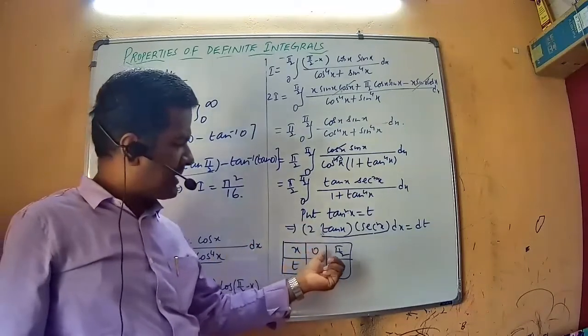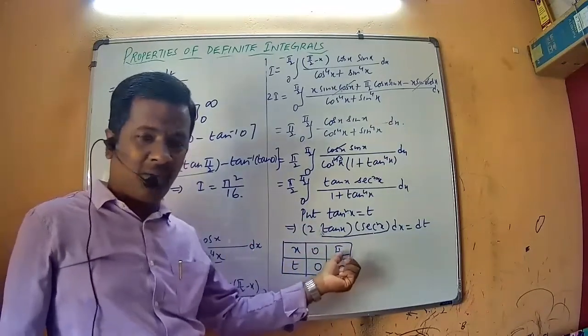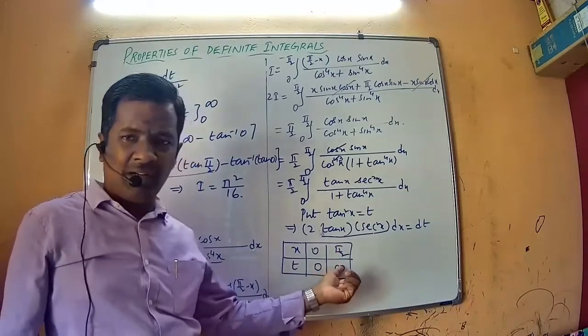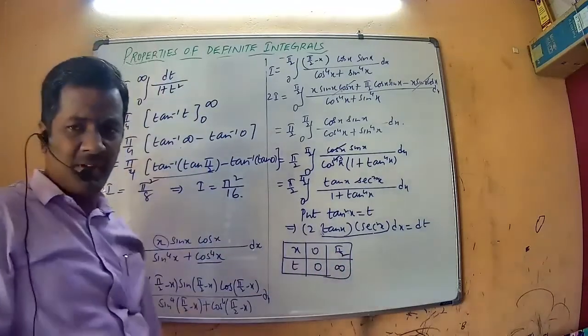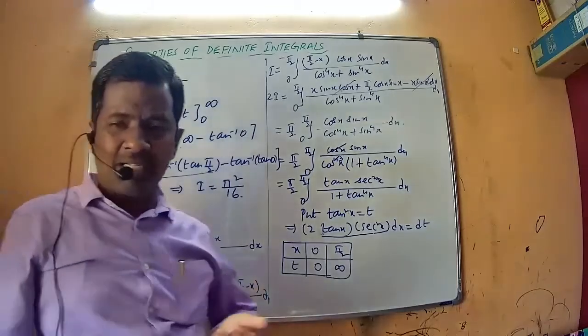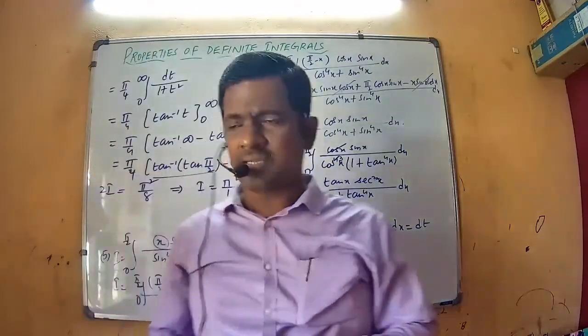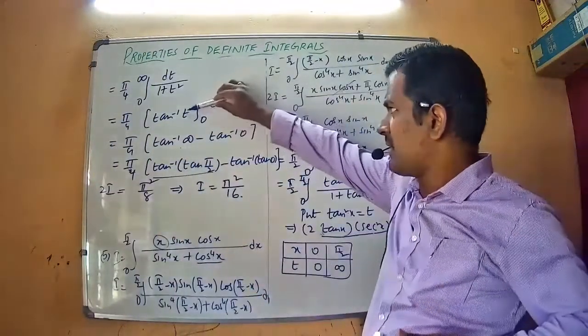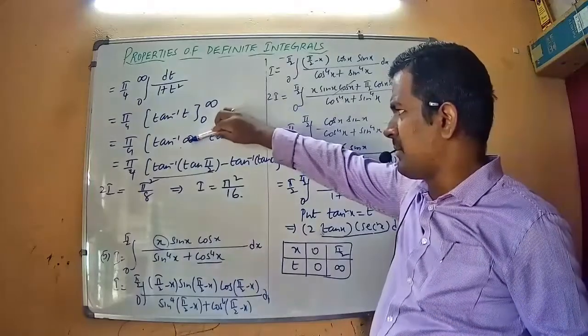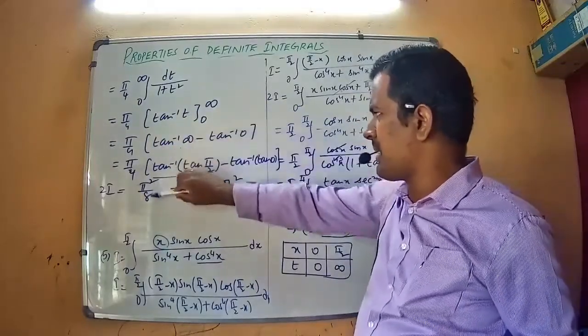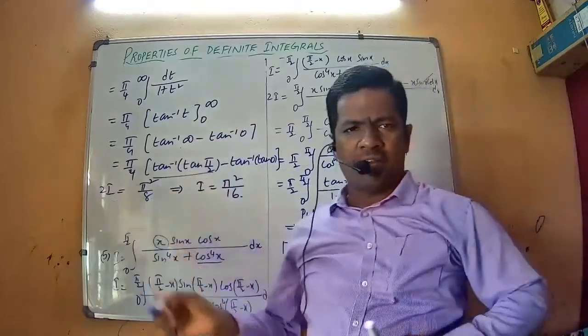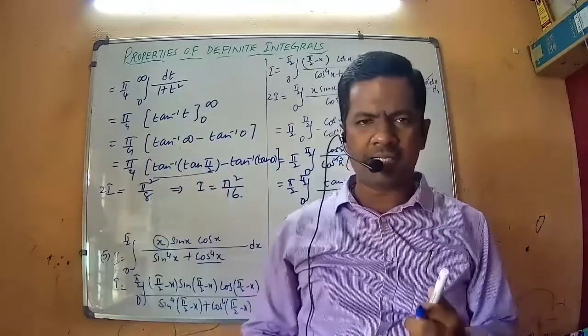So the old limits are 0 and pi by 2, and the new limits will be 0 and infinity. So 0 to infinity became dt by 1 plus t square. The integral of 1 by 1 plus x square dx is tan inverse x, so this is tan inverse t. Applying the limits, infinity can be written as tan pi by 2. Pi by 4 into pi by 2 is pi square by 8. Finally, the value of I is pi square by 16.